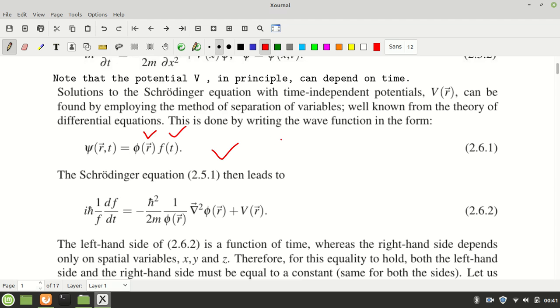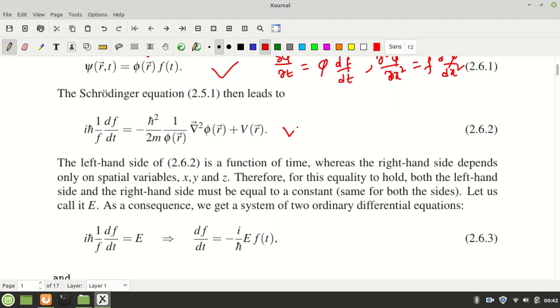Easily you can write del psi del t equal to what? Phi will be constant, so f prime, df dt. So on the left hand side of the time dependent Schrodinger equation you can put this, and similarly del 2 psi del x2 you can write as f into d2 phi dx2. So on the right hand side you can use this.